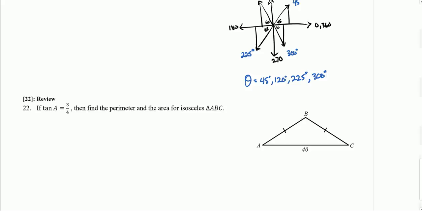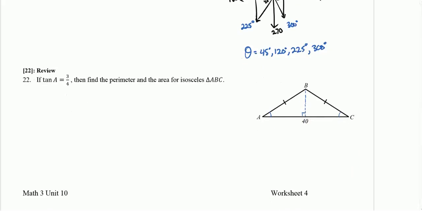So if I drop an altitude from B, so an altitude goes through the vertex and is perpendicular to the base, we get 2 right triangles, and we know it's an isosceles triangle, so we know that angle A and angle C are congruent to each other.